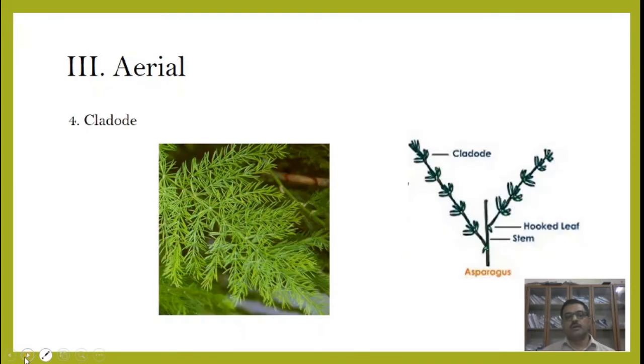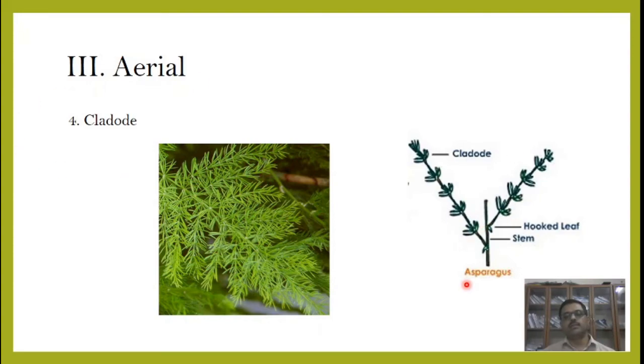The next one is the cladode. Cladodes are the stems which are actually a type of phylloclad which we have just mentioned. When a phylloclad has only one or two internodes, it becomes a cladode.